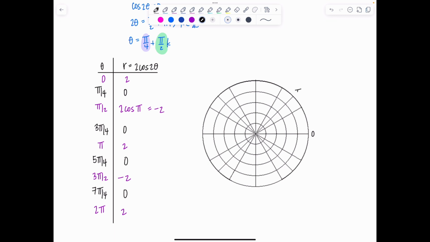0, pi over 4, pi over 2, 3 pi over 4, pi, 5 pi over 4, 3 pi over 2, 7 pi over 4. Okay, so at 0, we're at 2. Ooh.